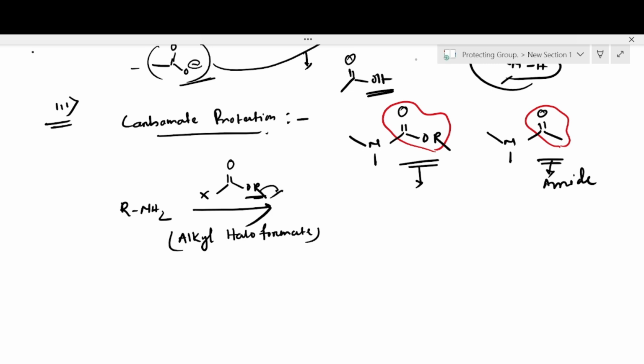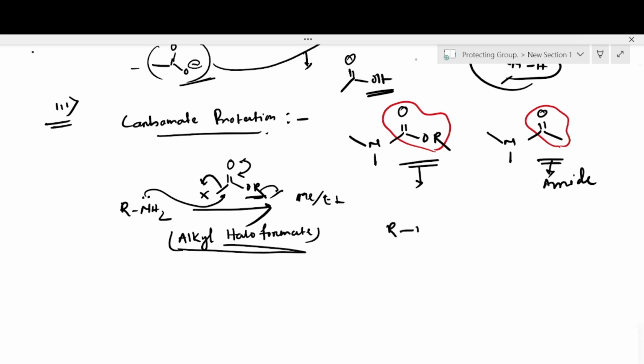Or maybe your methyl or ethyl, and this species is known as alkyl haloformate. So how will it react? The nucleophile will attack the carbonyl carbon, then the electron goes to oxygen, again comes back, and the halide group leaves.